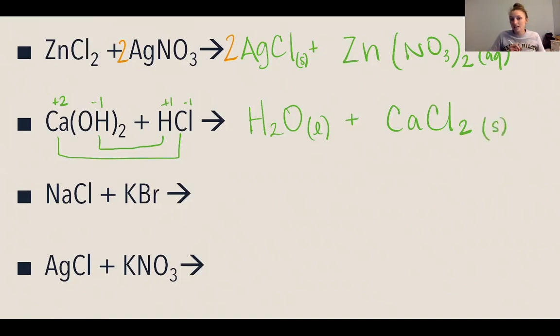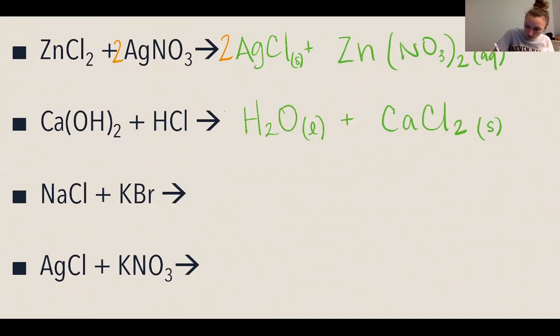So I'm going to say that that is a solid precipitate. It's okay if one of them's water and the other one's a solid precipitate. It happens. Remember, the only thing that can't happen is both of them being aqueous solutions. I do need to balance this. So I'm going to need to put a 2 in front of here and a 2 in front of here.